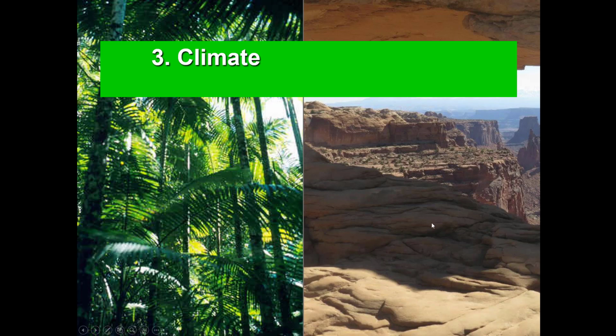And on the right, you have another extreme. So this is also outside of Moab, Utah. This is Canyonlands National Park, and you can see one of the canyons sort of here off to the right. It is an incredibly dry environment, and weathering is going to occur much faster in the tropical environment than it does in the dry environment.